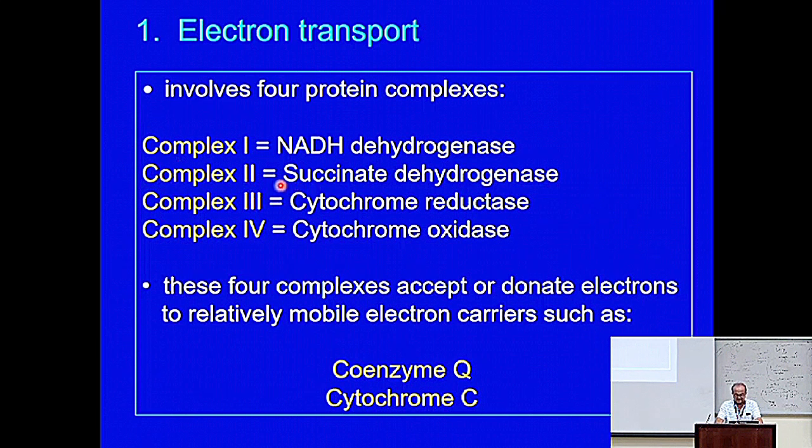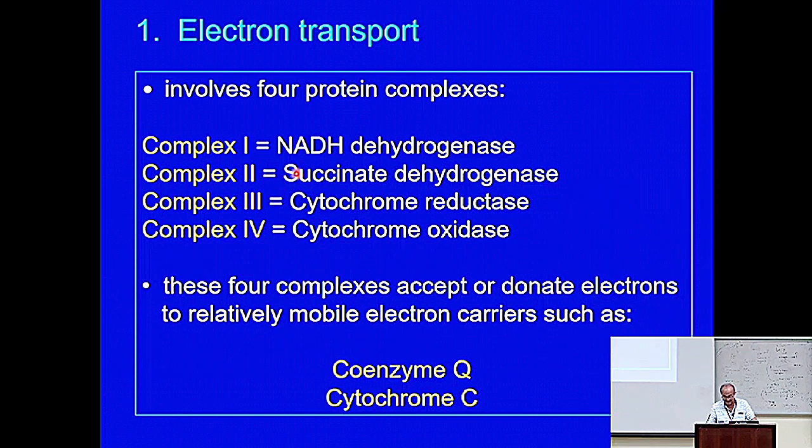Complex 2 has succinate dehydrogenase. You say maybe if you're up to date on what we've covered, that sounds familiar. I say you're correct. Okay? So that's the same enzyme in the TCA cycle. If you haven't heard of it before, then you're behind.